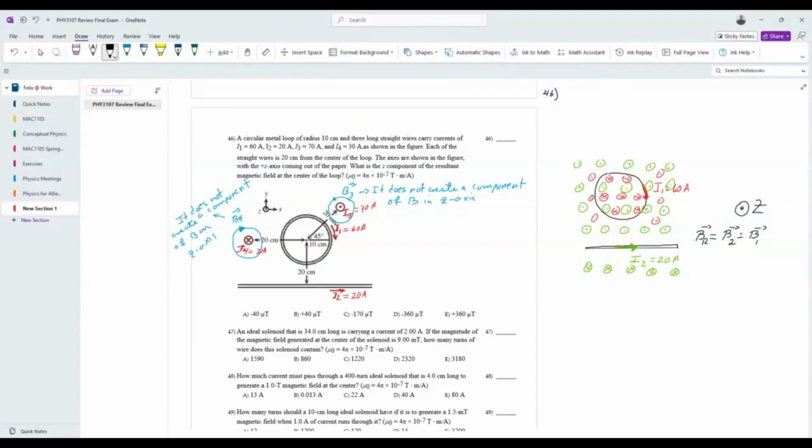Well, if it's a vector sum, we can just add these vectors, but these 2 vectors have opposite directions. So I will get just B2 minus B1. So B resultant will really be B2 minus B1.